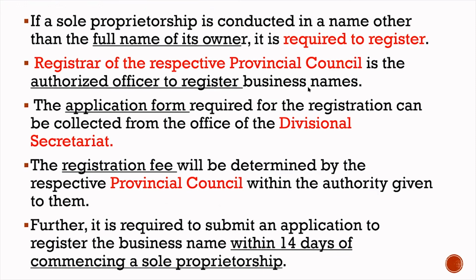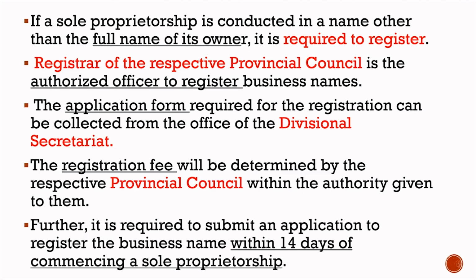So if there's a question asking who is the authorized officer to register the business name? It is the registrar of the respective provincial council. The application form required for the registration is what is collected from the divisional secretariat. The registration fee will be determined by the respective provincial council within the authority given to them.